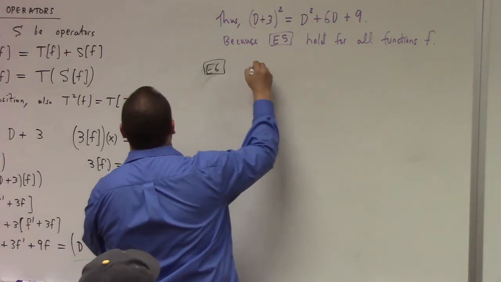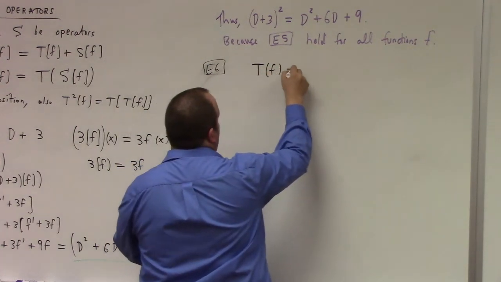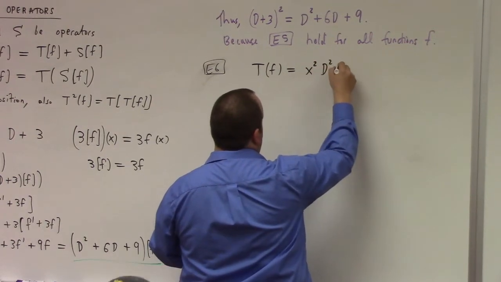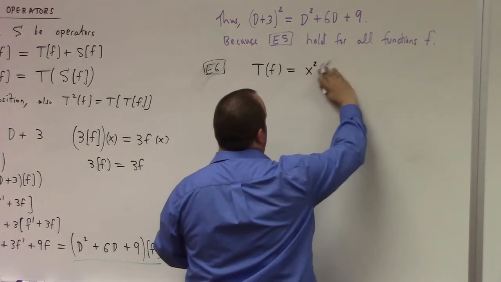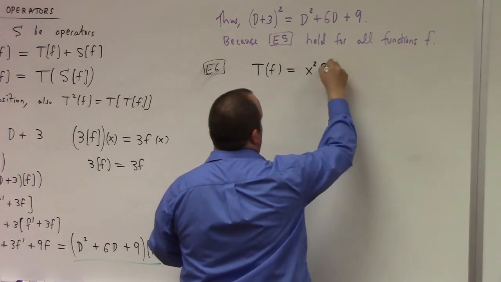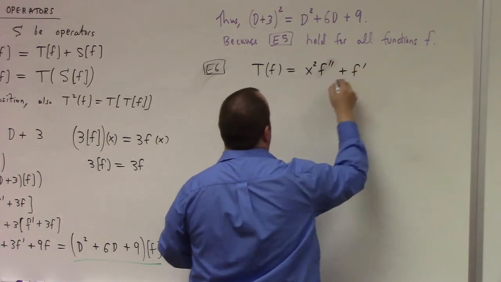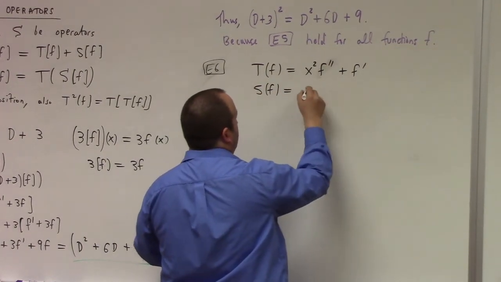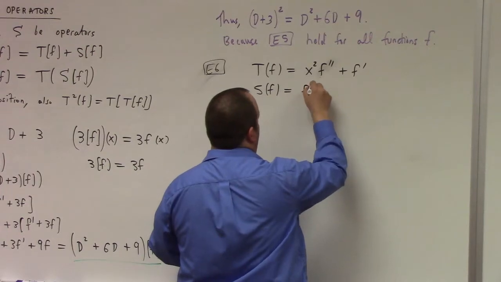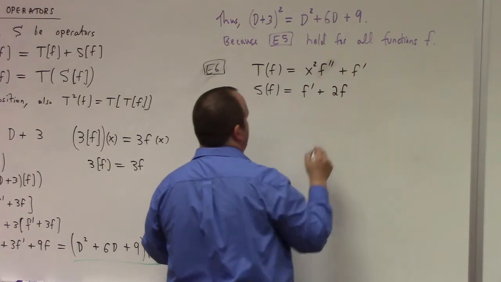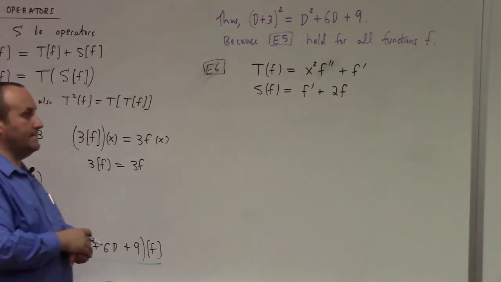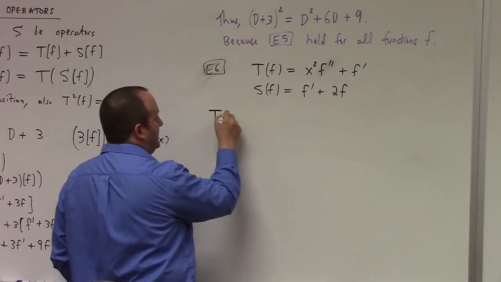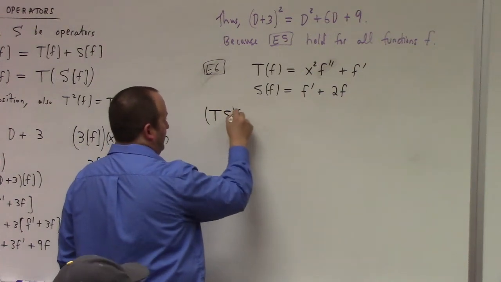We could have T of f equal to x squared f prime prime plus f prime. And we could have S of f equal to f prime plus 2f. Let's calculate what is TS of f then.